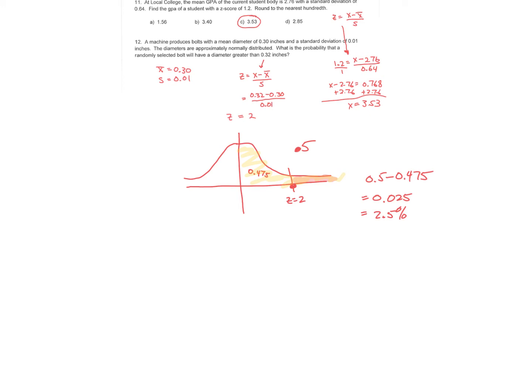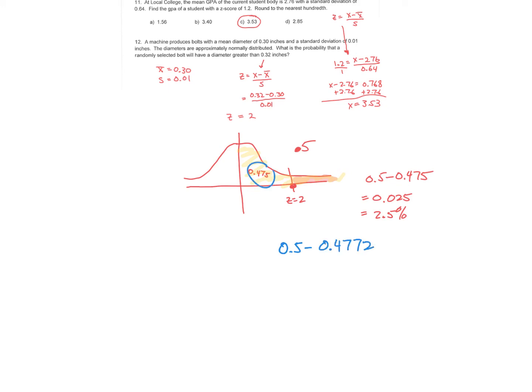I was actually just doing the problem with the empirical rule that for a standard deviation of 2, that's 95%. So that's how I got 0.475. But looking at the table closer at 2, it says that it's exactly 0.4772. So the answer would actually be 0.5 minus 0.4772.